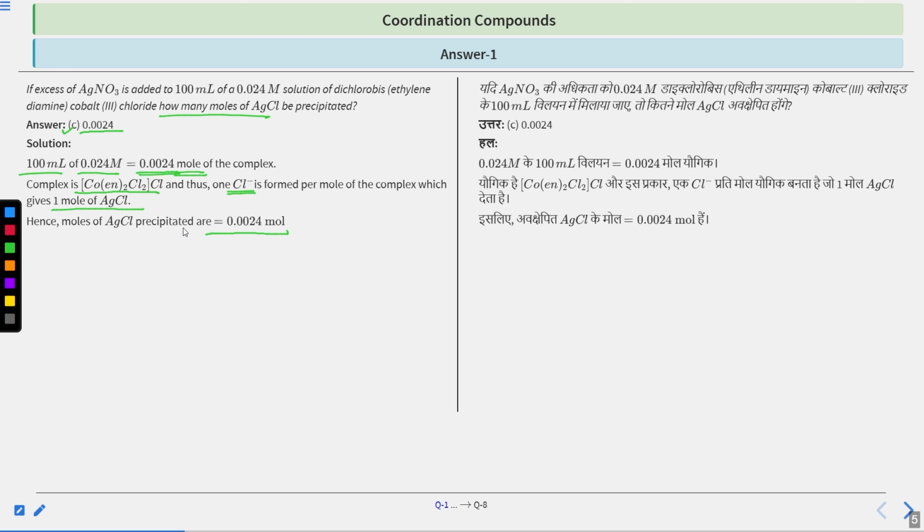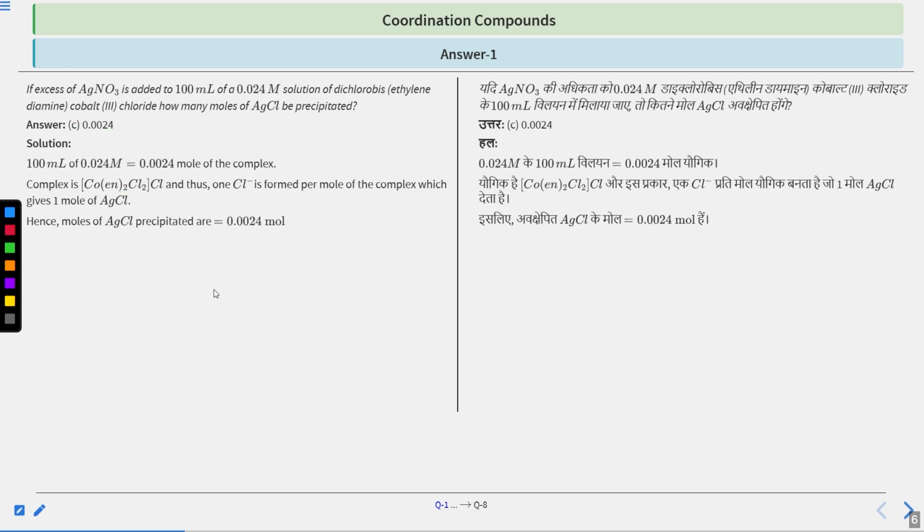So the total moles of AgCl precipitated in this case is 0.0024 mole, because this is the number of moles of the complex. And that is how our answer will be 0.0024 mole, and thus option C is the correct answer.